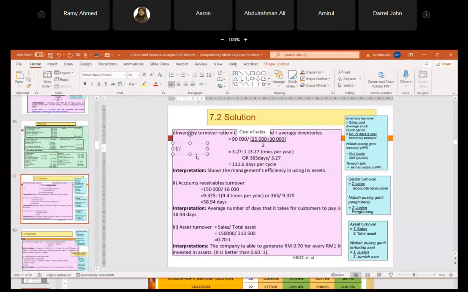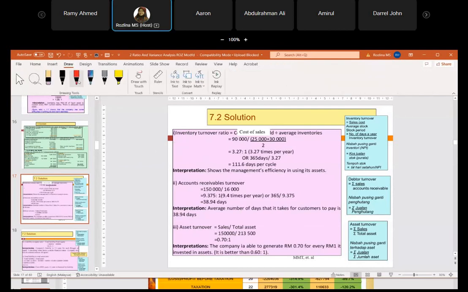Okay, 1 per 3.27. This one is what? Times, or cycles. And this one is what? One is year.